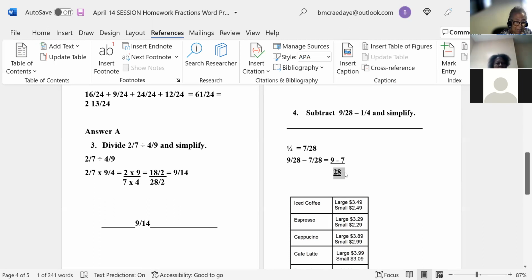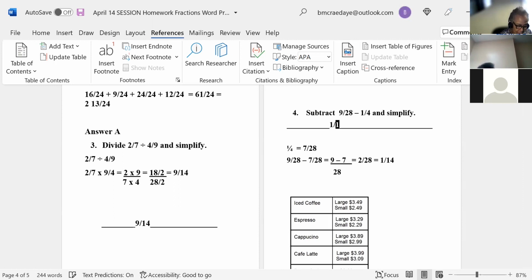And is that simplified? Is it simplified as 2 over 28? 2 going into 28 is what? 14. Yes, so 2 over 28 simplifies to what? 1 over 14. That would be your answer, because it said to simplify.